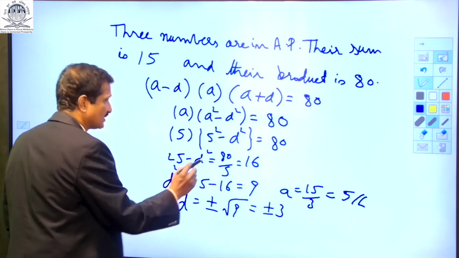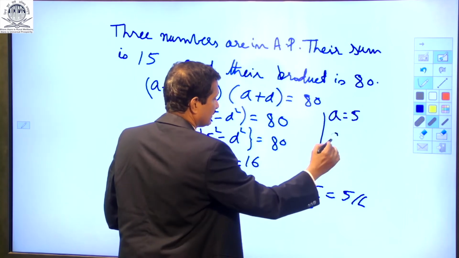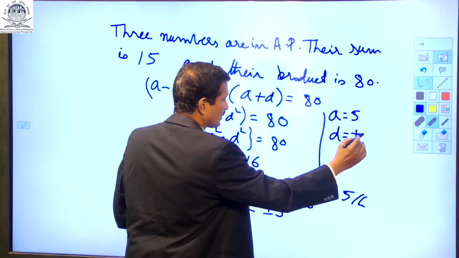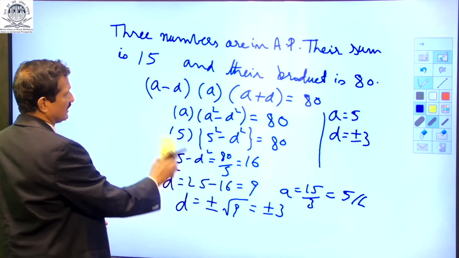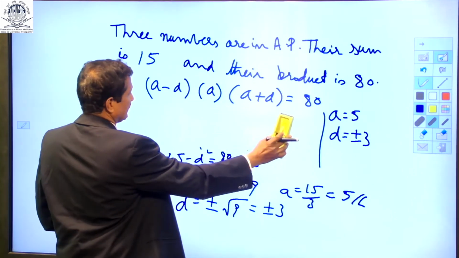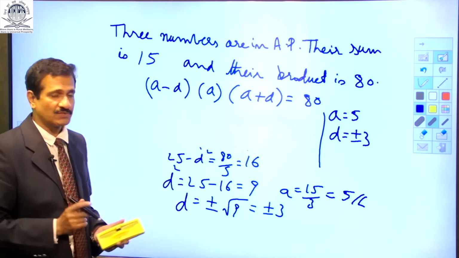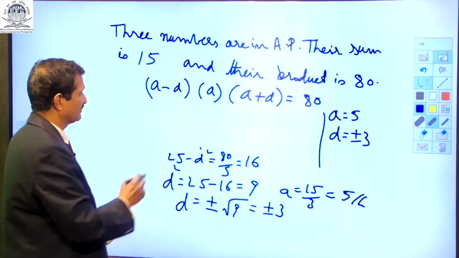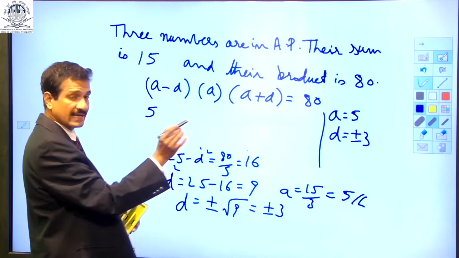Now, A is known to us, A is 5, D is plus or minus 3. Having known this, what are the numbers now? The numbers are A minus D, A and A plus D, that is how we choose them. So, let us take either of them and find out. First one is A is 5, I take D as 3.